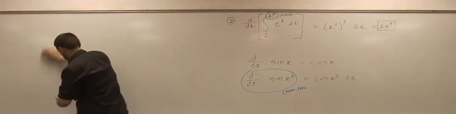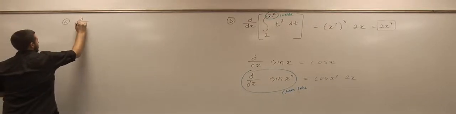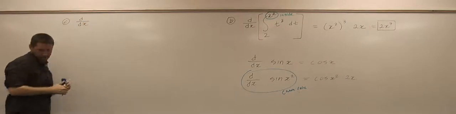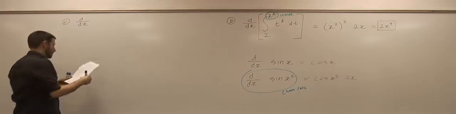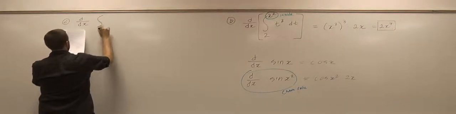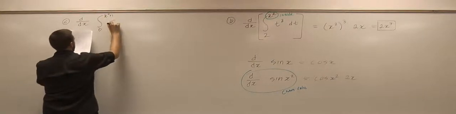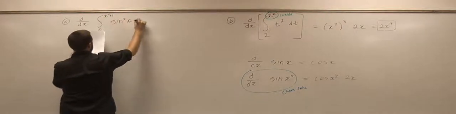Let me give you one more. C, we want to do the derivative of the integral from 0 to x to the 4th plus 1 of sine squared theta d theta.